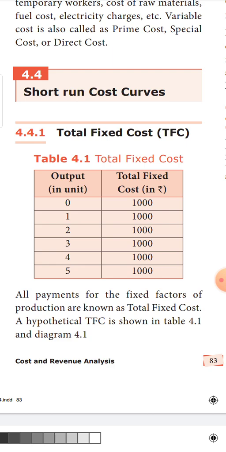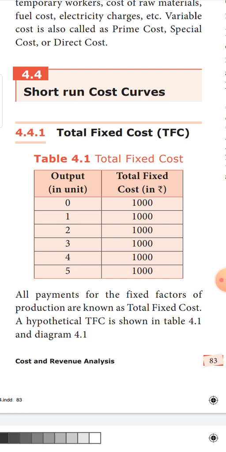What are the inputs that could be changed during the short period of time? To some extent you can change capital, you can bring in additional capital, you can change labor, you can buy a little more raw materials. So all these factors, or inputs, could be changed only to some extent during the short run. That period you call it as short run.